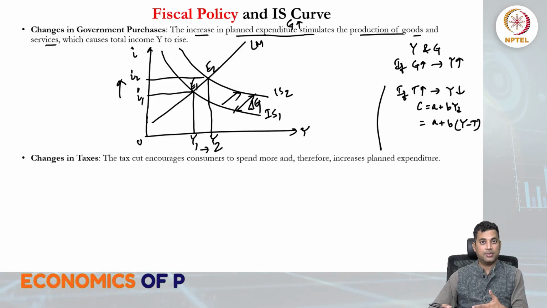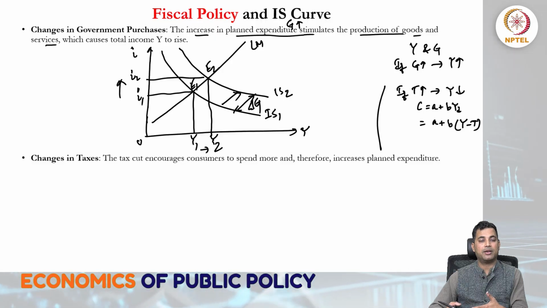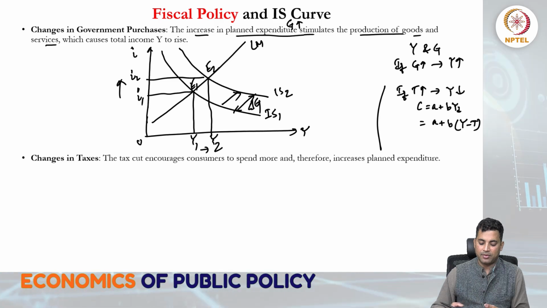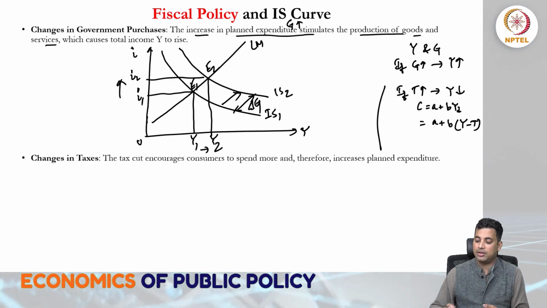So if tax increases, then consumption falls, and this will be reflected in output, which will be reduced. So if tax increases, then certainly there will be a reduction in output.